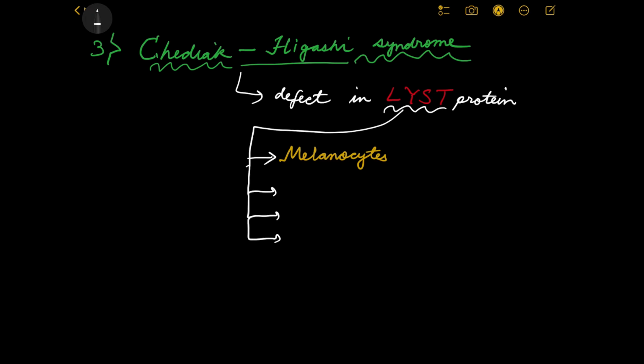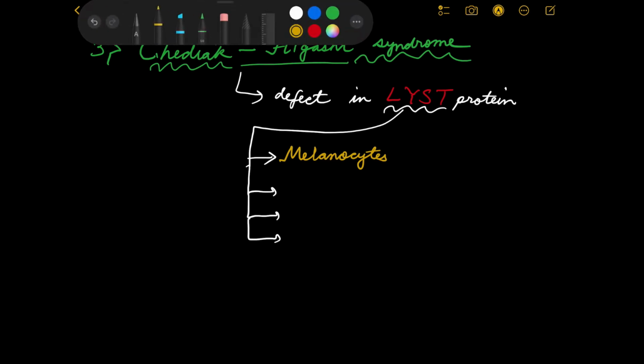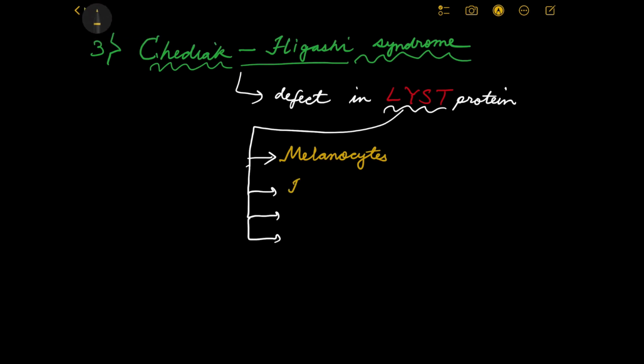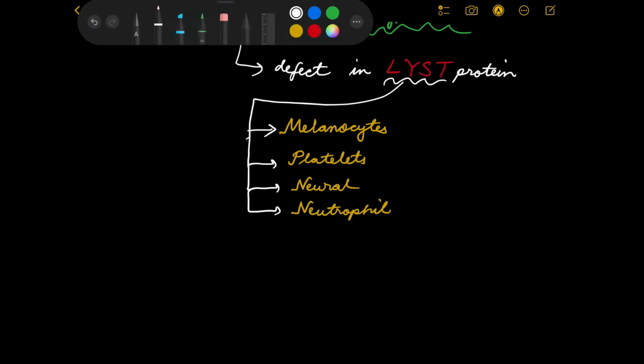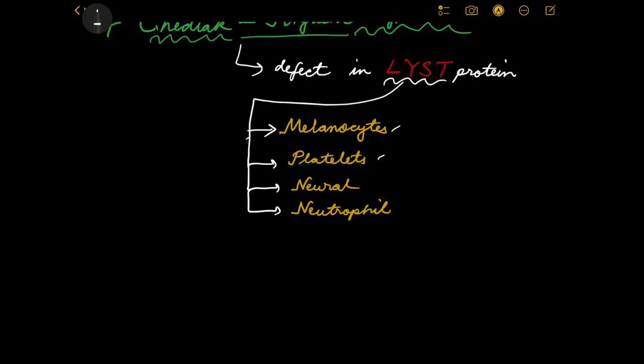Yeah, very much needed in platelets. It is very much needed for our neural tissue, and obviously it is very much needed for our neutrophils as well. That is obvious. That's what the entire discussion was about. So now if there is a defect in LYST protein, all of these will be affected. Right? All of these will be affected.